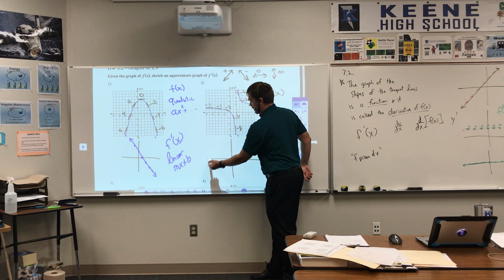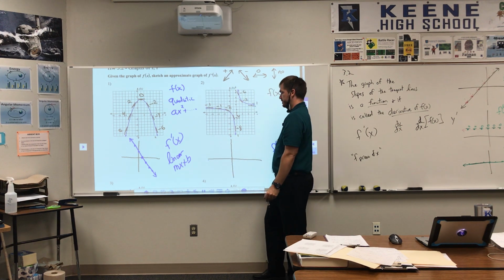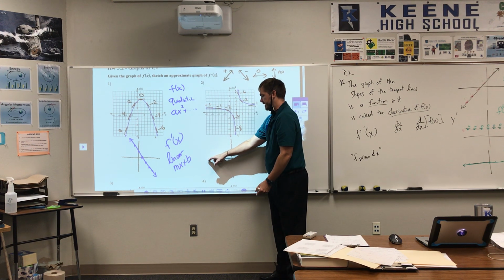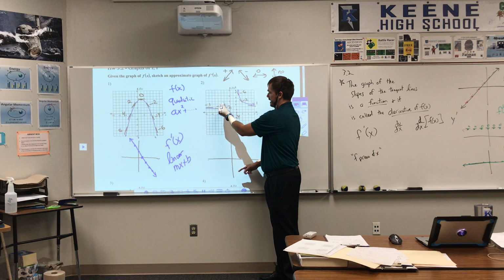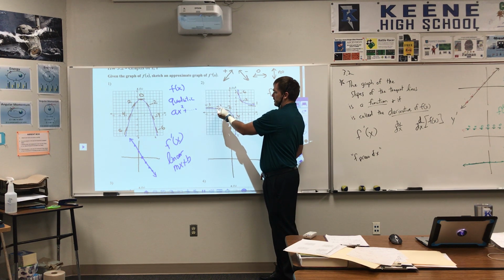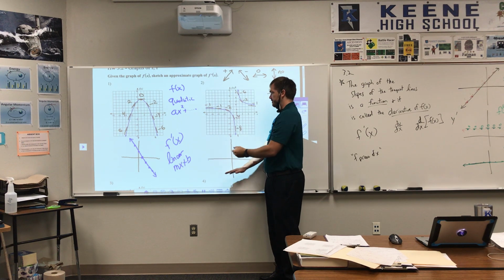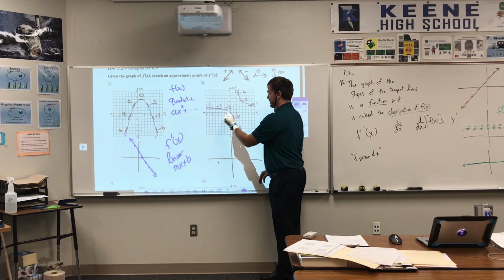So like negative 0.1 would be kind of like right here, because it's negative, so I'm below the x-axis, but not very far. Then right around here on the negative 4 region, I'm going to have the slope on the function is negative 1, so I'm going to have a y value, a down value, negative 1.